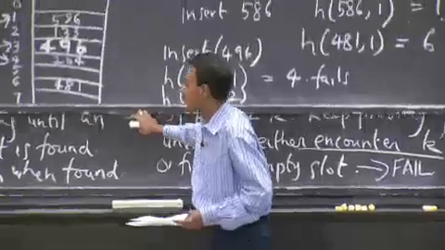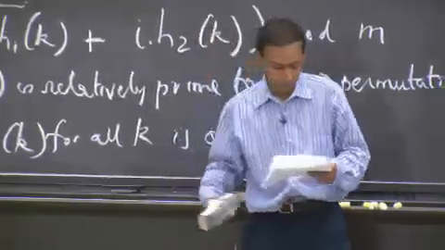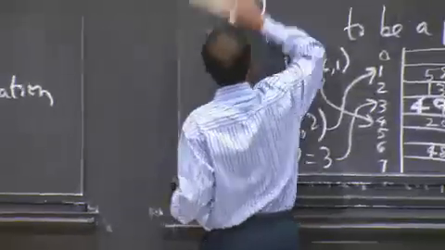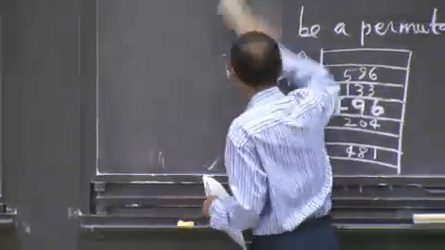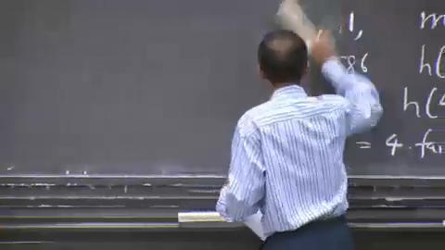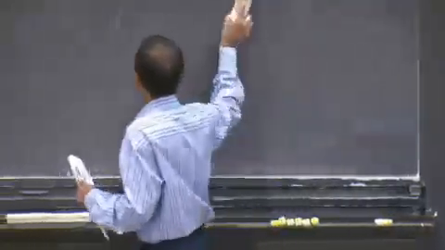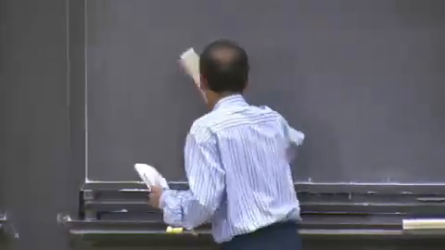It's a good way of getting open addressing to work. And in order to prove that open addressing actually works to the level at which chaining works, we have to make an assumption corresponding to uniform hashing.